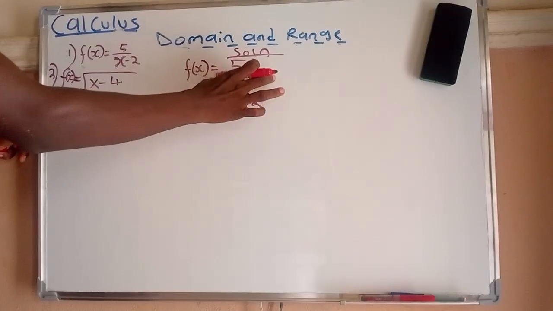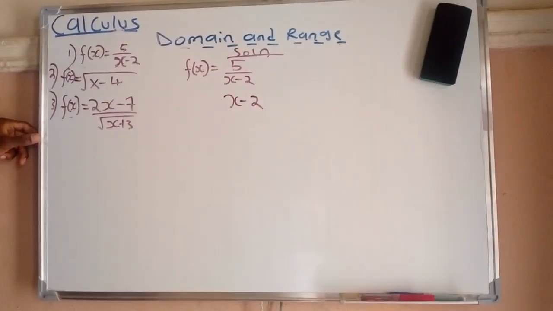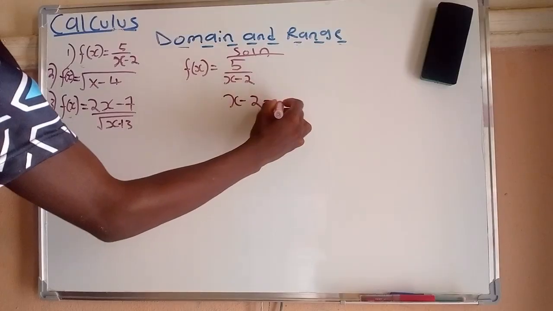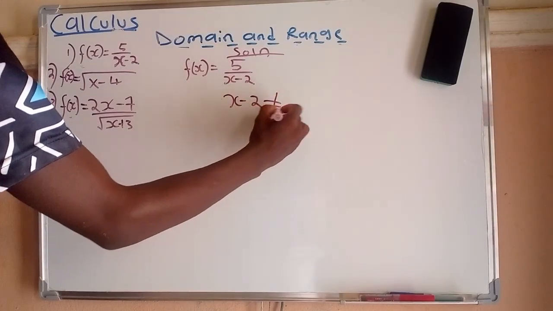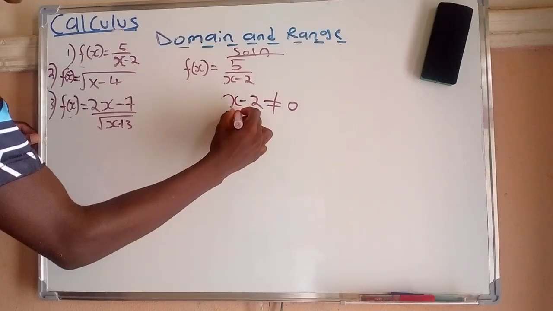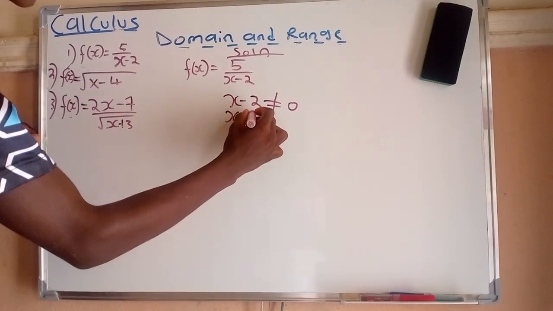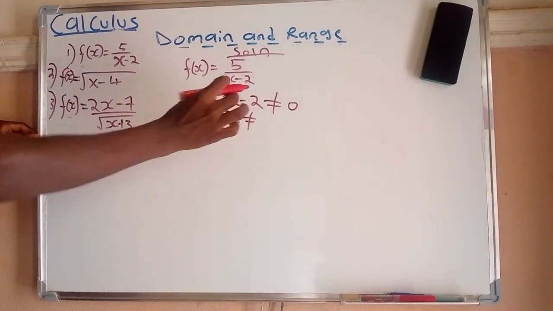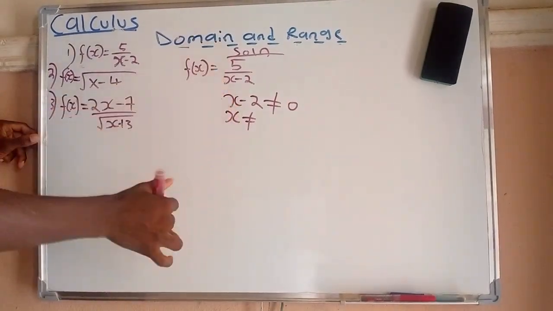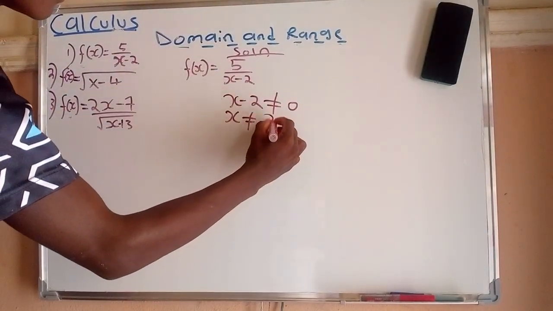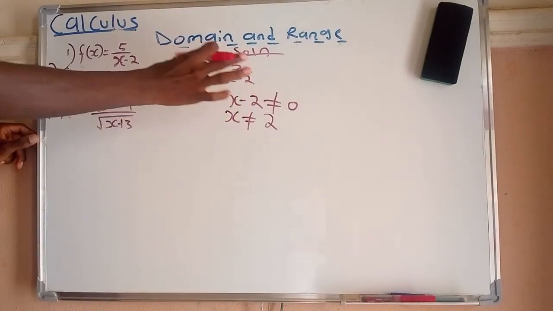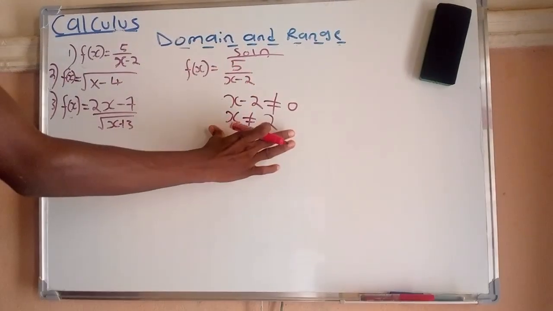The denominator doesn't contain any radical form, so we equate it as not equal to 0. Therefore x is not equal to, when the negative 2 crosses the sign, positive 2.